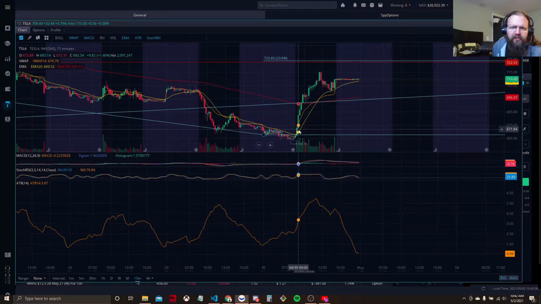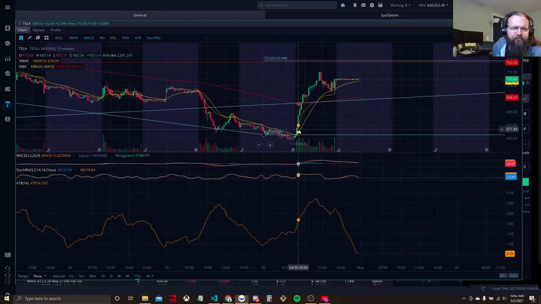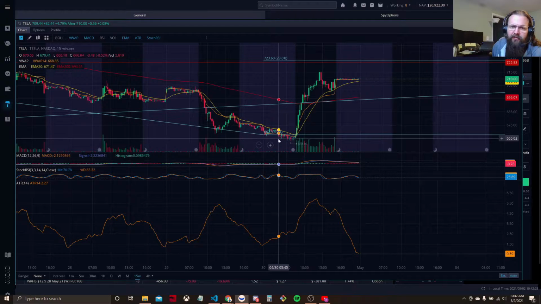So let's look at this large engulfing candle. That one looks like it opened at 672, closed at 682. But because it's an average true range, it took the average of some of these smaller candles before it.